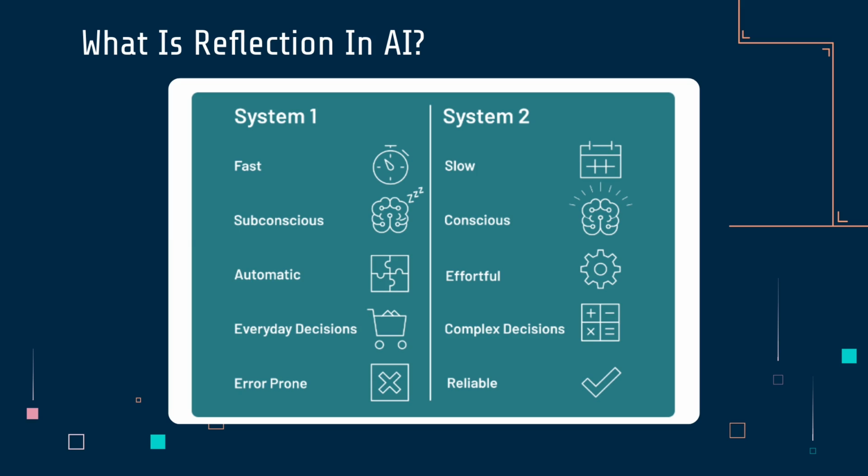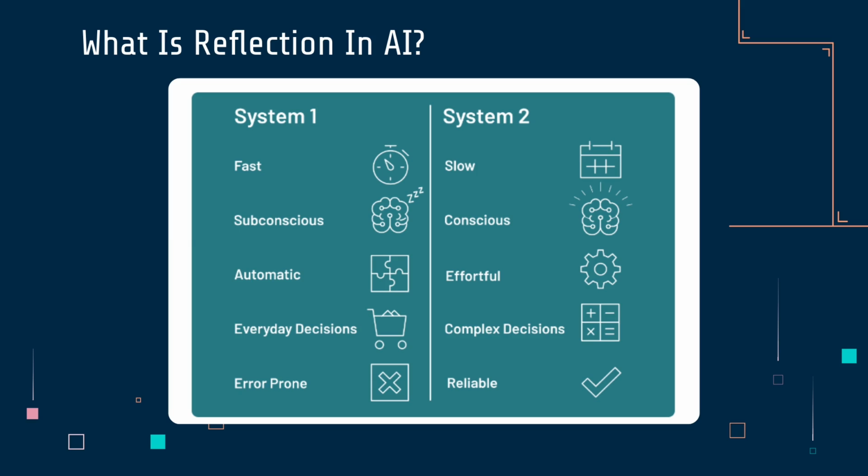LLMs for the longest time have been playing the System 1 role, which is that they just think fast. They're subconscious, they're automatic, and they can't really do complicated stuff, right? And that's what we have been doing with LLMs for the longest time. With agents, and specifically reflection agents, by introducing reflection in prompting, we can usher LLM applications closer to doing System 2 activities, as you can see currently on the screen.